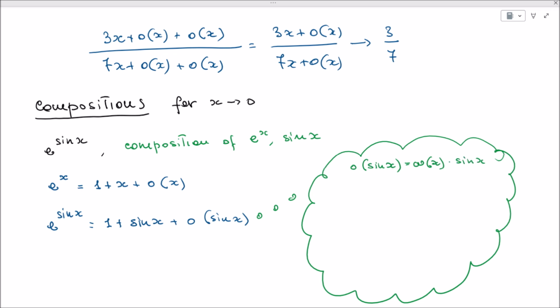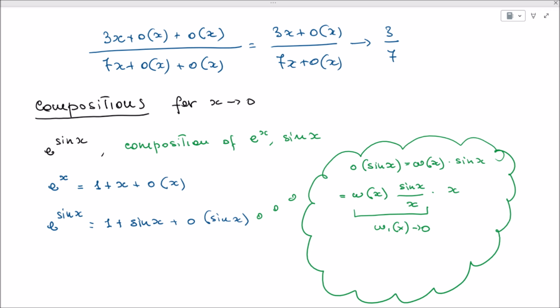But now we can also rewrite this as omega of x times sine of x divided by x, all this multiplied by x, and we realize that this is another omega 1 of x that clearly tends to 0, because sine of x divided by x is a fundamental limit that tends to 1, and omega of x tends to 0, so the product omega 1 will tend to 0.